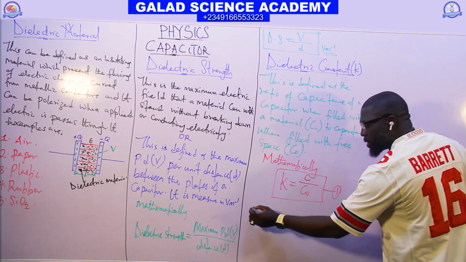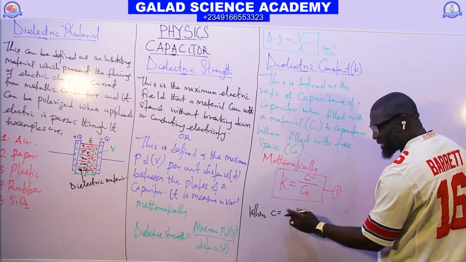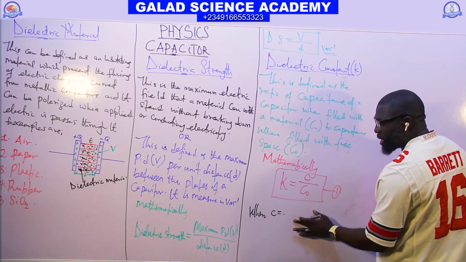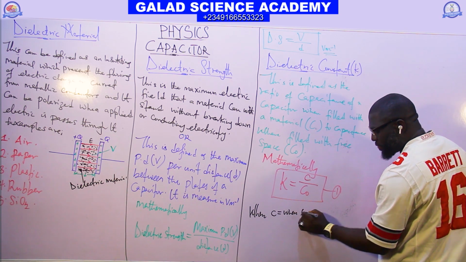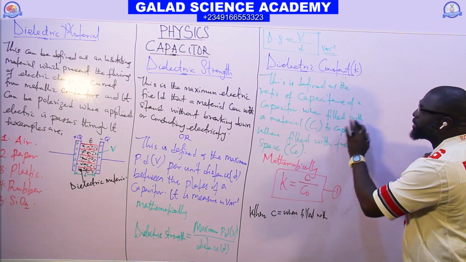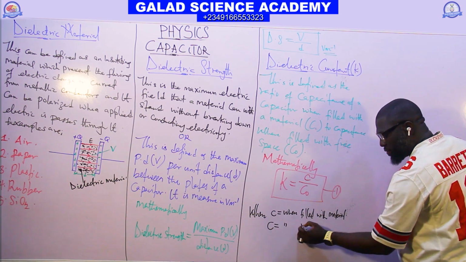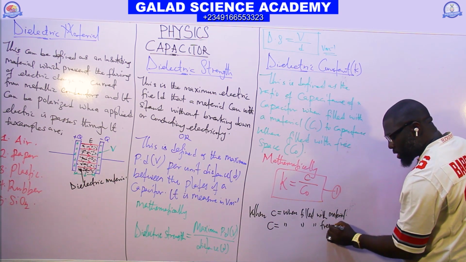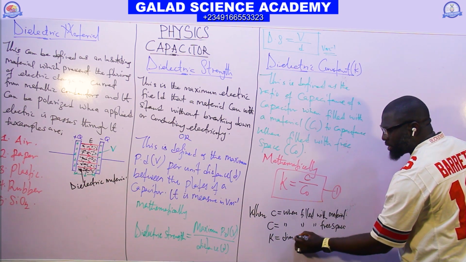We can say where K is the dielectric constant, C is the capacitance of a capacitor when filled with dielectric material, and the second C, C naught, is when filled with air or free space. K is dimensionless.